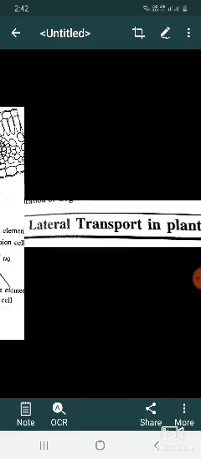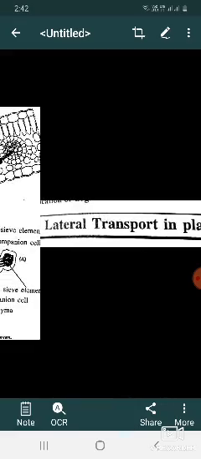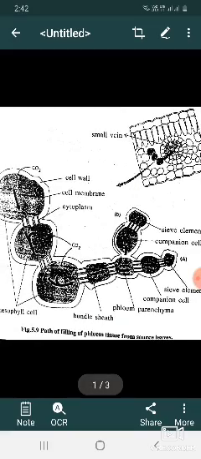Assimilate partitioning during reproductive phase. During reproductive growth, most of the assimilate is translocated to flowers, fruits, and seeds. In determinate species, the sink becomes so strong that almost total assimilate is transported to the reproductive parts.